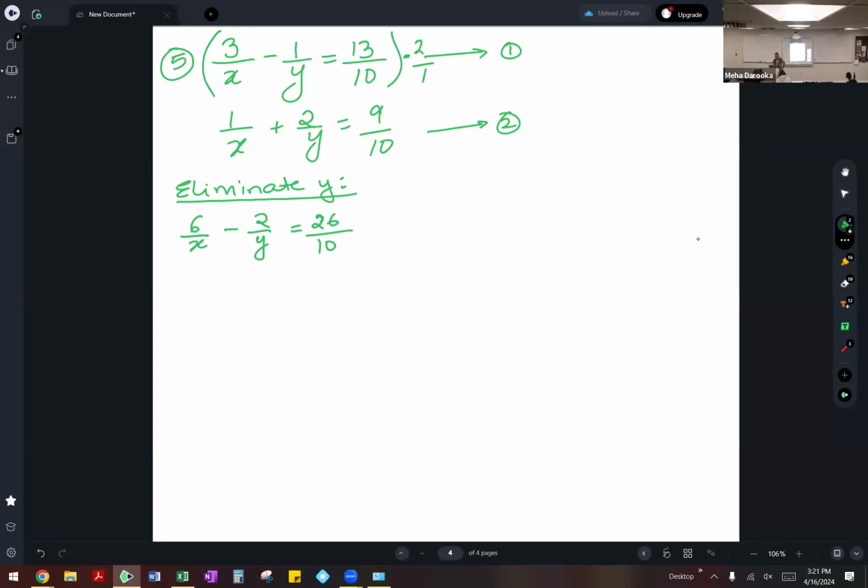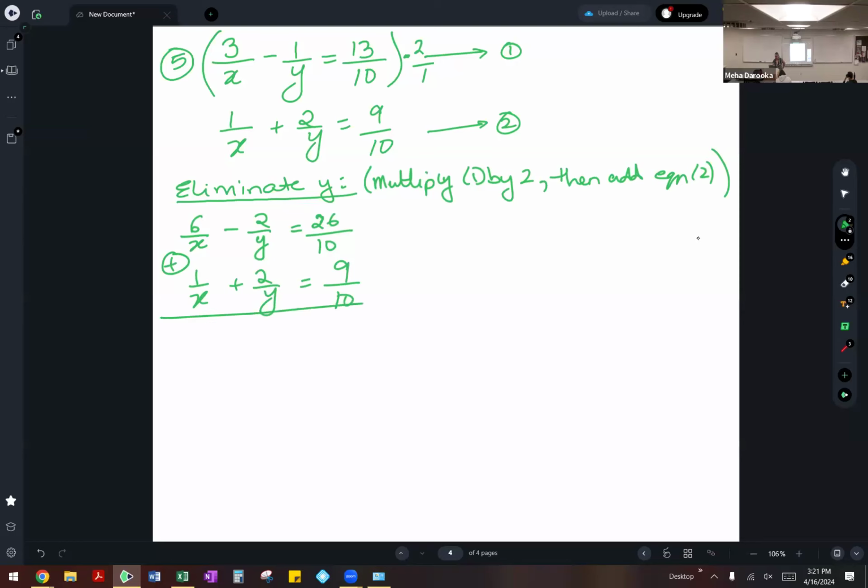Equation 2 will stay as it is: 1/x plus 2/y equals 9/10.